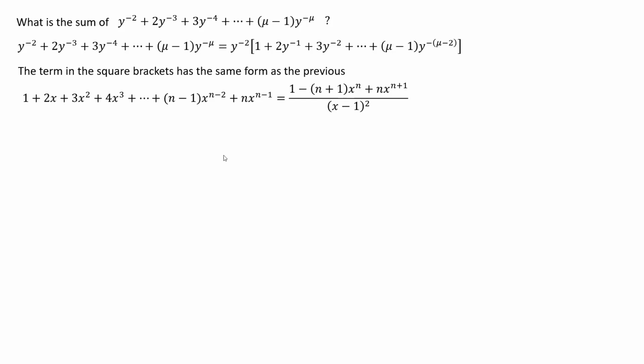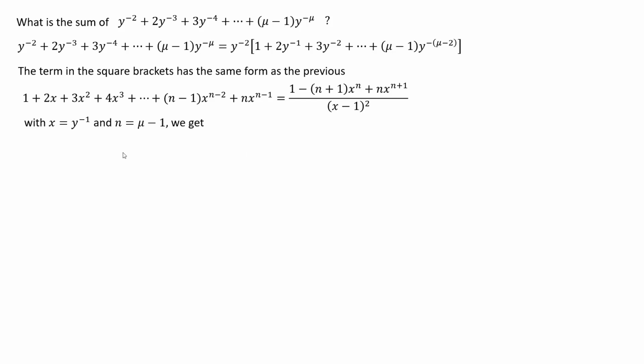Cool. All right. What else do we need to look at? We have nx to the n minus 1, right? So what is n? Would you agree n must be mu minus 1?